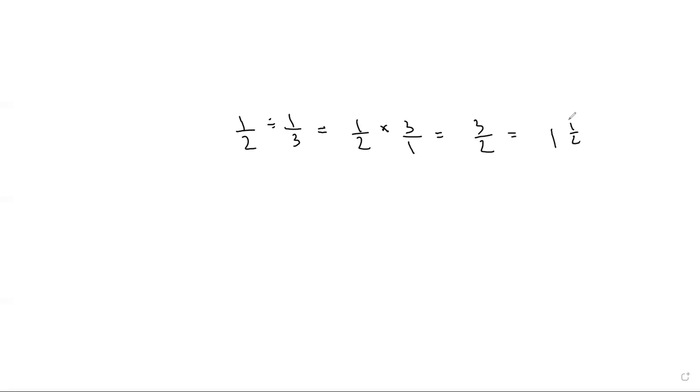For example, you could have something like 5 and 2 over 4. In that case, it's not technically reduced because the fraction part is not reduced. So whether it's a mixed number or an improper fraction, make sure that you reduce it. In this case, you would just reduce the actual fraction part. You would just divide by 2, and we'd get 5 and 1 over 2.